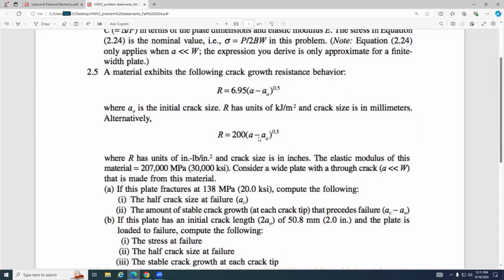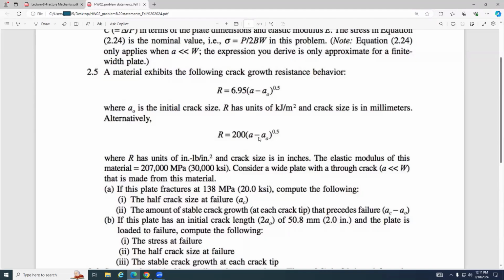Is a 2.5. So 2.5, we know that it is okay.